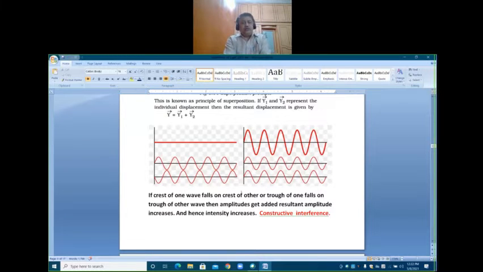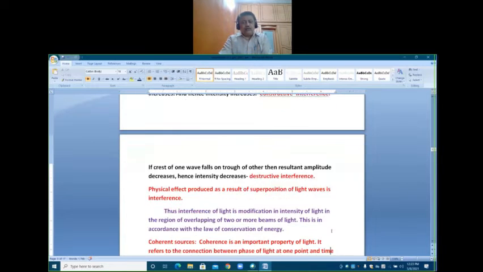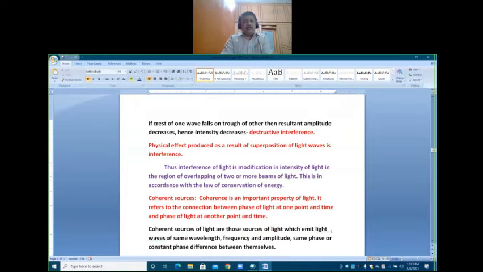If the crest of one falls on the crest of the other, or the trough of one falls on the trough of the other, the amplitudes get added, the resultant amplitude increases, hence intensity increases, that is constructive interference. If the crest of one falls on the trough of the other, the resultant amplitude decreases, this is a decrease in intensity, destructive interference.